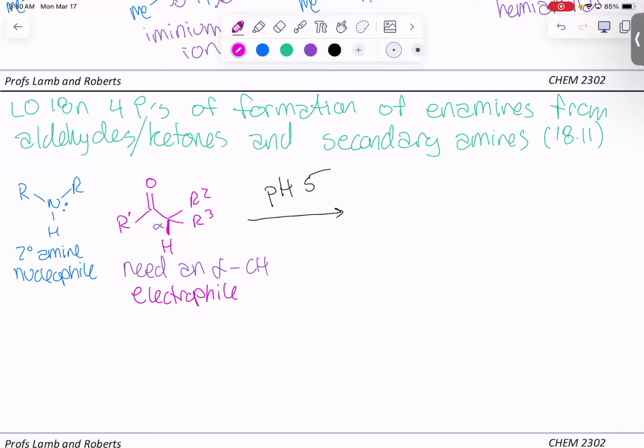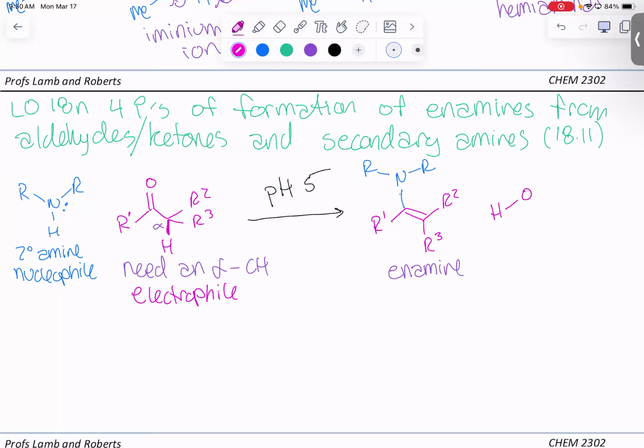All right, so now let's see what our product is. We have R1, and then we're going to have a double bond in our product, right? This is our enamine that's going to form here. We're going to have a single bond to our nitrogen. So this is our enamine. Right, and our water is going to come as our byproduct.